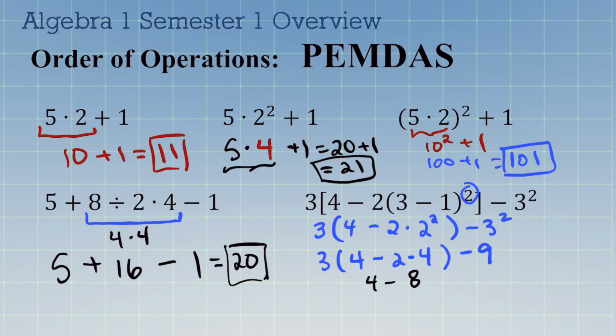So inside the parentheses, we have 4 minus 8, and then we have minus 9. So that is 3 times negative 4 minus 9, right? Inside here, we get negative 4, and that will be negative 12 minus 9 is negative 21, negative 21.